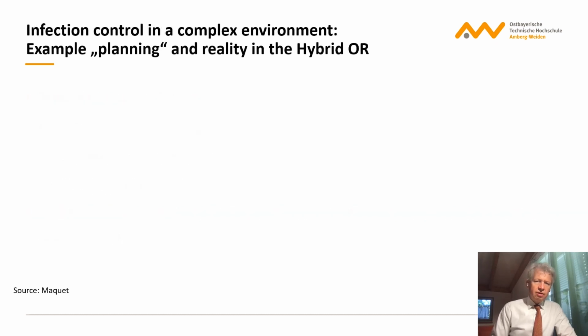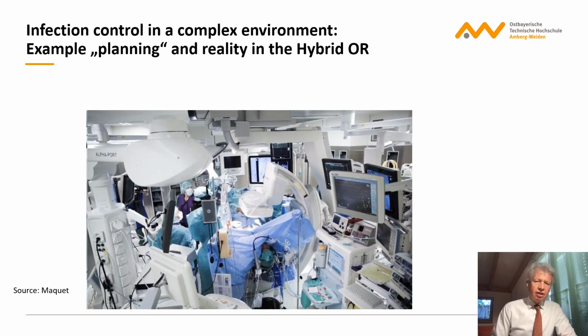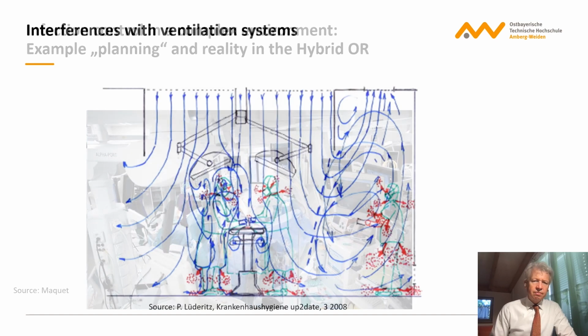The operating theaters don't look like this, what you can see frequently in brochures of OR systems manufacturers. Reality looks like this, and this is a highly complex environment, and maintaining asepsis in this context is not easy.